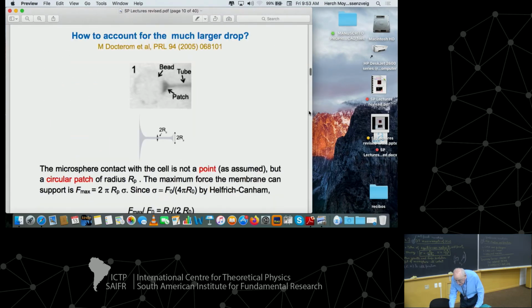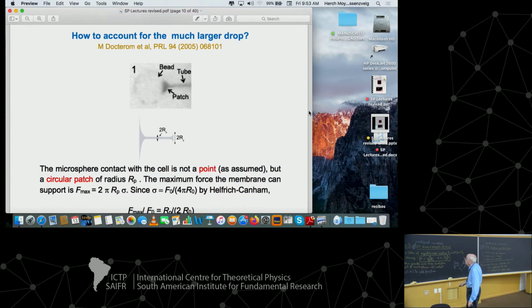And that has to do with precisely the fact that it's not a point attachment, but it's an attachment by a patch, a kind of circular patch of radius R sub P, P for patch. Now, you can estimate what this is if you remember that since the surface tension is sigma and the attachment has a radius RP, the maximum force that the membrane can support is 2 pi RP times sigma.